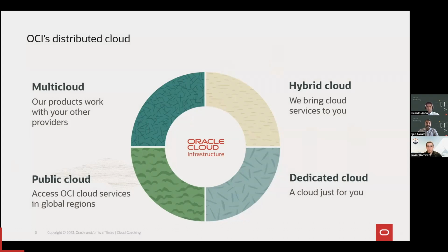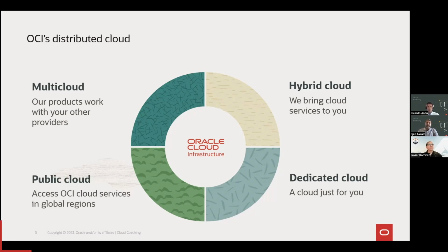But we have an extensive presence of public cloud with more than 66 regions now across the globe. We have a hybrid cloud offering where we bring cloud to you, with Cloud@Customer for Exadata and Cloud@Customer for compute being the two leading products.